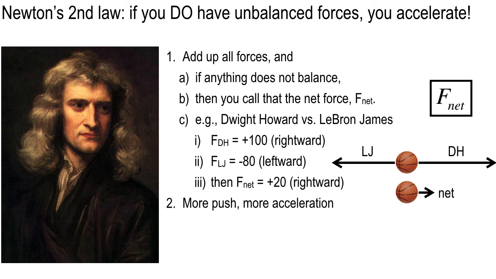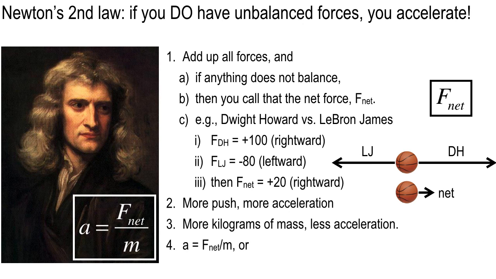So then the next idea is, the more net force you have, the more acceleration. Also, the more mass you have, the less acceleration. If you put the same push force on a loaded grocery cart versus an empty grocery cart, it's going to have a bigger acceleration on the empty cart.